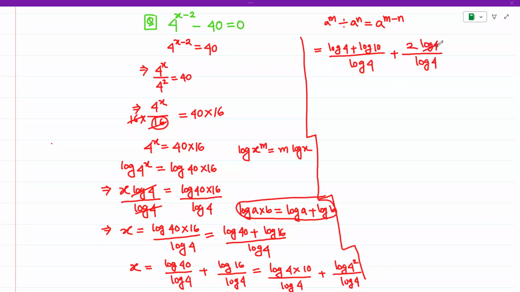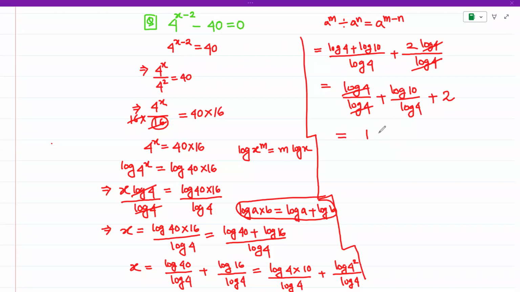Now log 4 we can cancel that. So we can write that log 4 over log 4 plus log 10 divided by log 4 plus 2. Now log 4, we can cancel that.